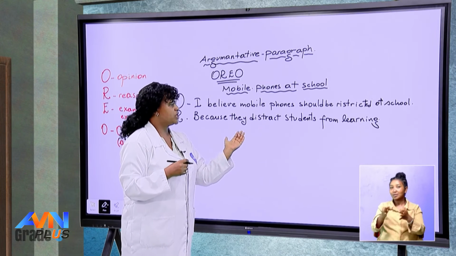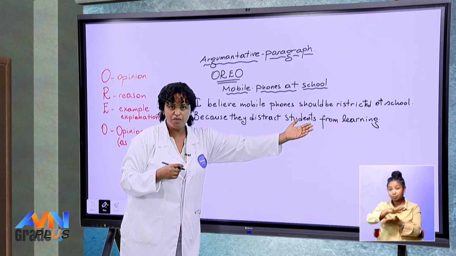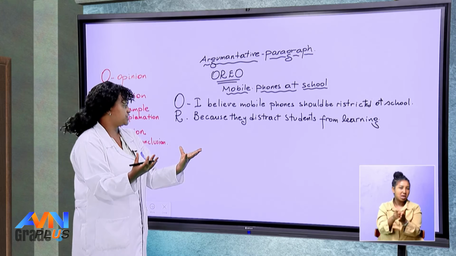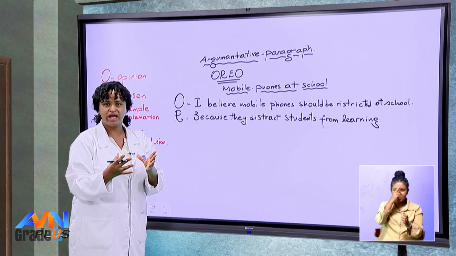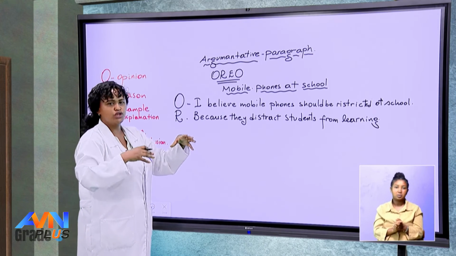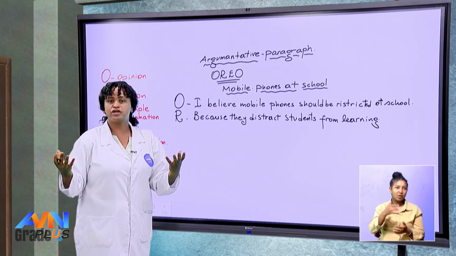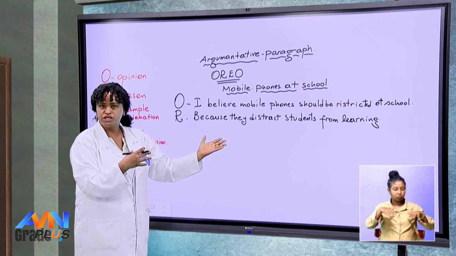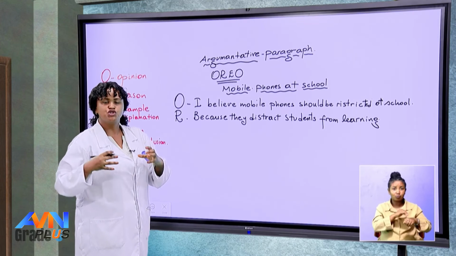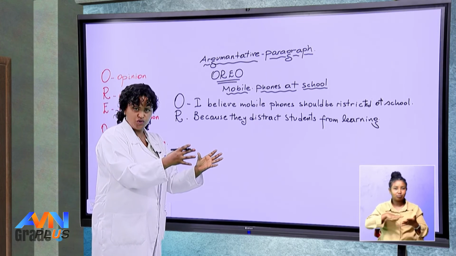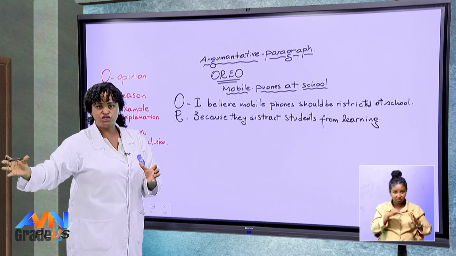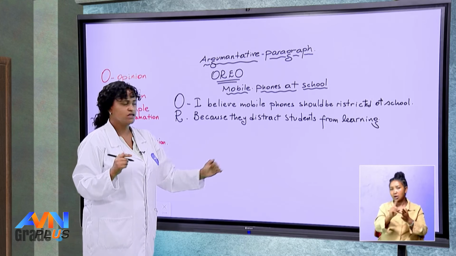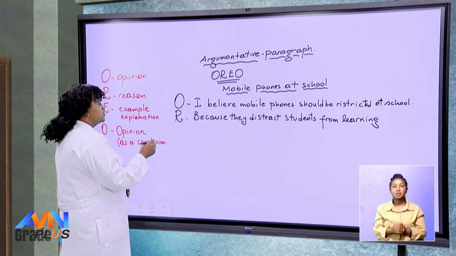What do we say? Because they distract students from learning. All right. You can give more explanations here, by the way, more reasons here. You can tell what feelings they create among the classroom. Maybe when it rings loud, or students' attention might go to the mobile phone instead of the teacher. You can say a lot of things here, not only a single sentence. All right. Let's go to E.